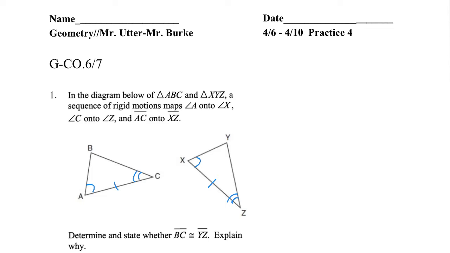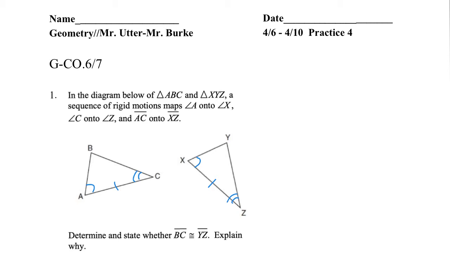So those two guys are congruent to each other. And since we know that rigid motions preserve side length as well as angle measure, we know that both of these triangles are congruent to each other.